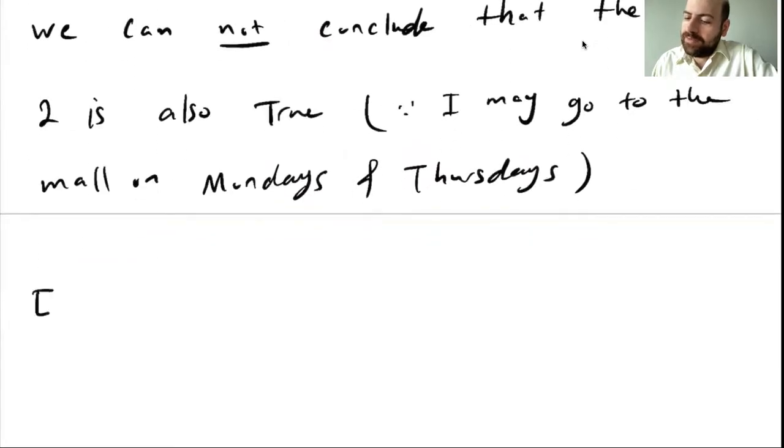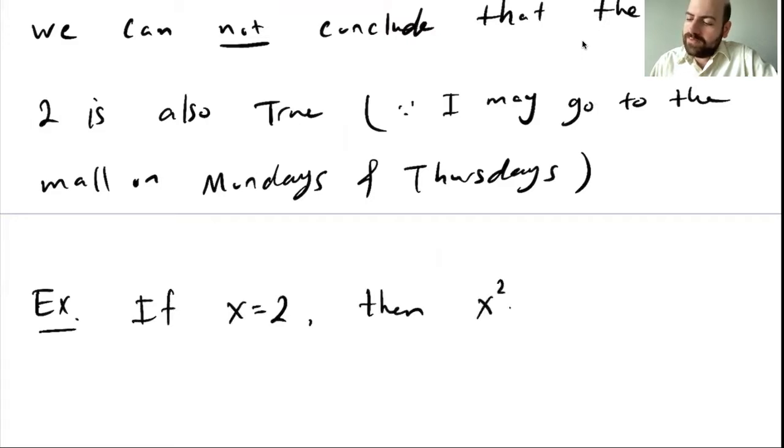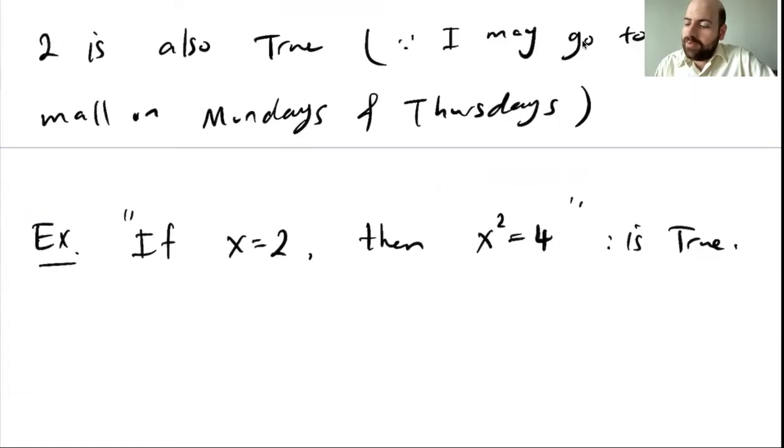Okay, or another example, a mathematical example. Let's say if x is equal to 2, then x squared equals 4. So this one is true, right? If x is 2, then x squared is 4. What about the converse?